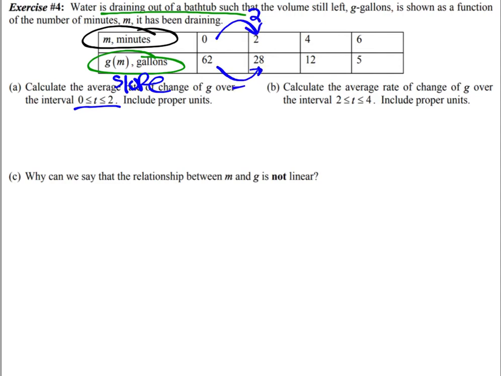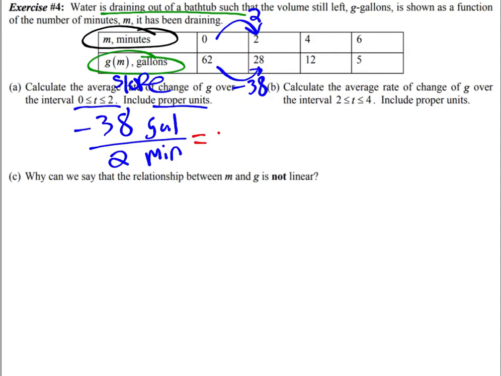We decreased by, what was that, 38 gallons. So we lost 38 gallons in 2 minutes. Those are my proper units. So that's going to equal losing 19 gallons per minute.